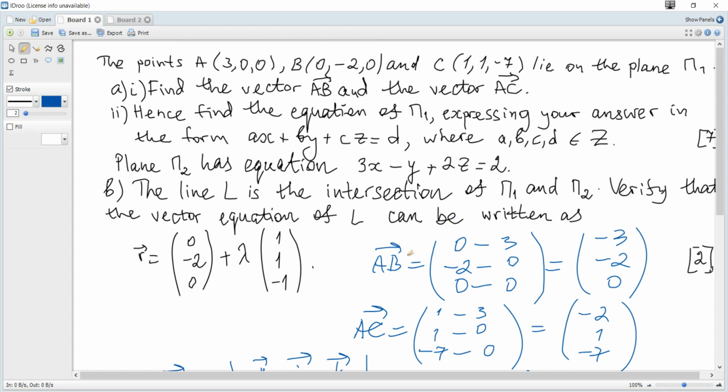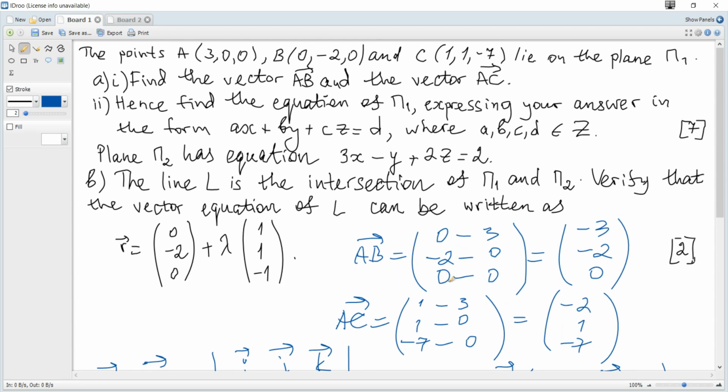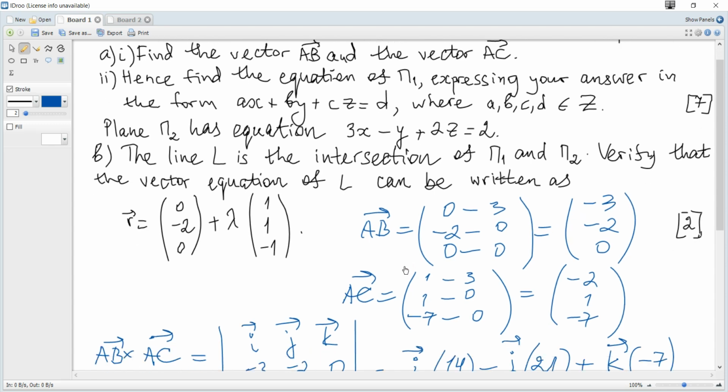And the next question: plane pi2 has equation given, and the line L is the intersection of pi1 and pi2. Verify that the vector equation of L can be written as given.